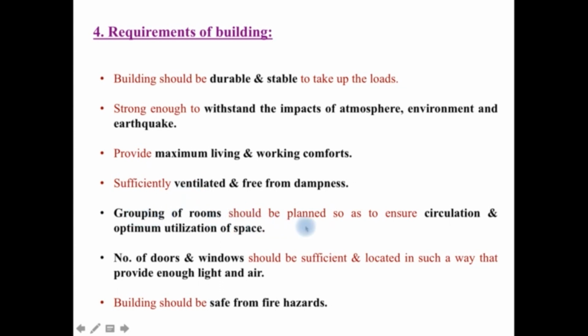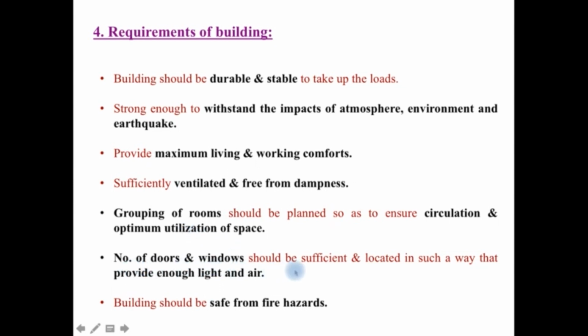Grouping of rooms should be planned so as to ensure optimum circulation. We have already discussed grouping: it should be done in such a way that it reduces the movement of people. The kitchen should be closer to the dining room to avoid unnecessary movement, while the toilets and washrooms should be away from the kitchen and common places, with a proper detached arrangement.